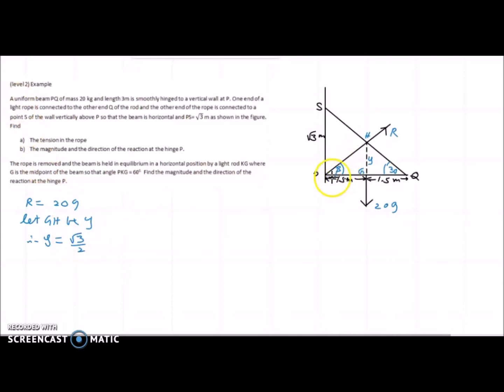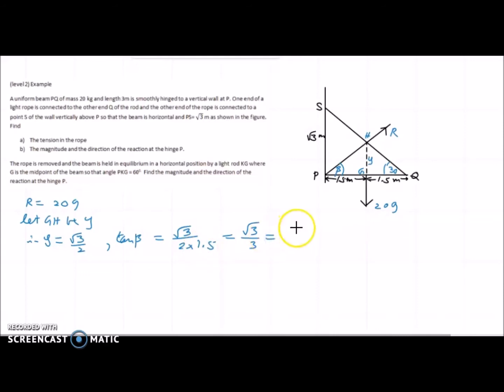Now, tan beta equals Y divided by 1.5. That is, tan beta equals root 3 by 2 divided by 1.5. This is equal to root 3 by 3, since 2 into 1.5 is 3.